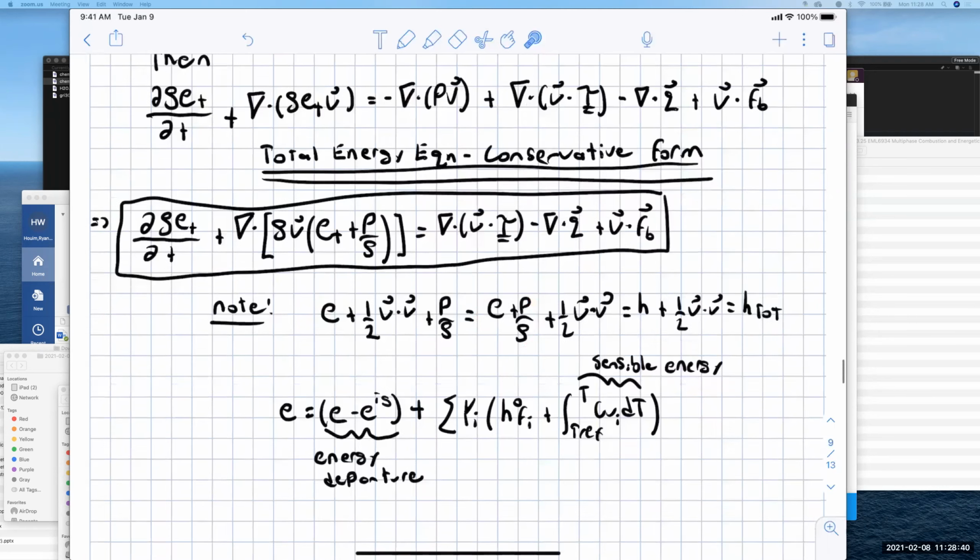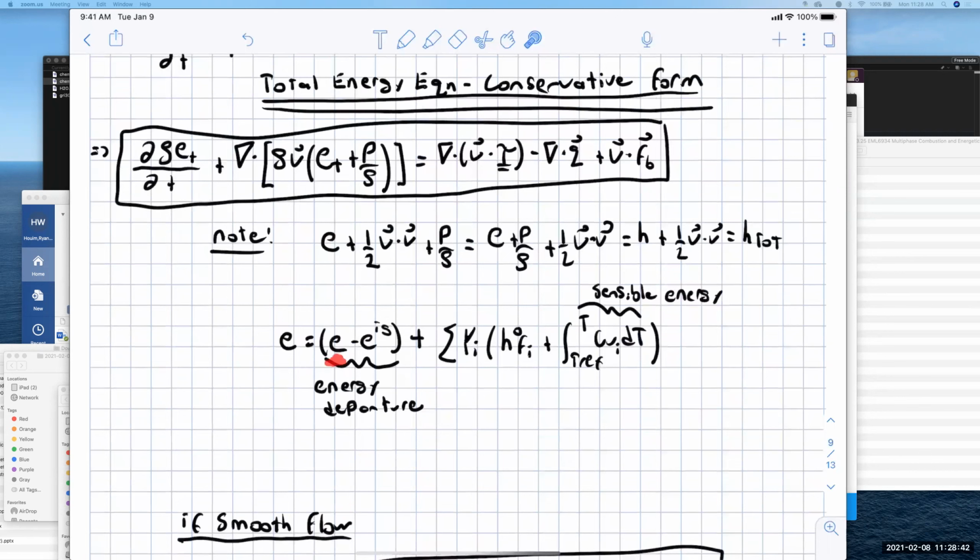And then again, I note that E is equal to the sensible energy plus E_IG. It's equal to the internal energy departure function, plus the ideal gas energy, which is the sum of all the species mass fractions multiplied by their enthalpy of formation, plus the integral of C_v dT.